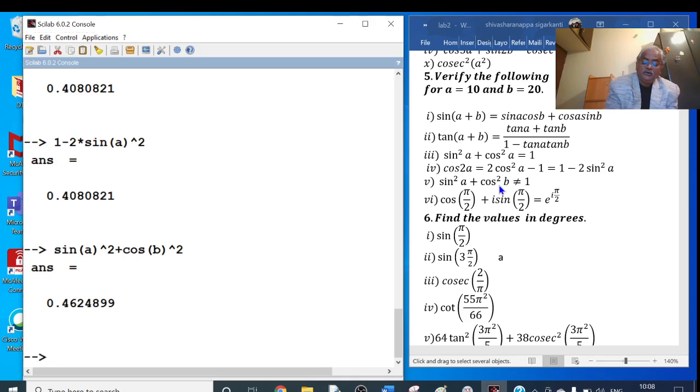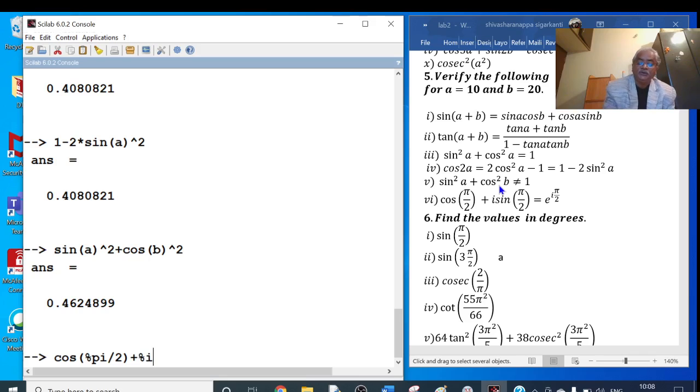Okay, so pi is also a mathematical constant. For this pi, what I have to write is percent pi. I have to write percent, so this represents pi. Pi by 2. This is cos pi by 2 plus i into, I also have to write percent i.